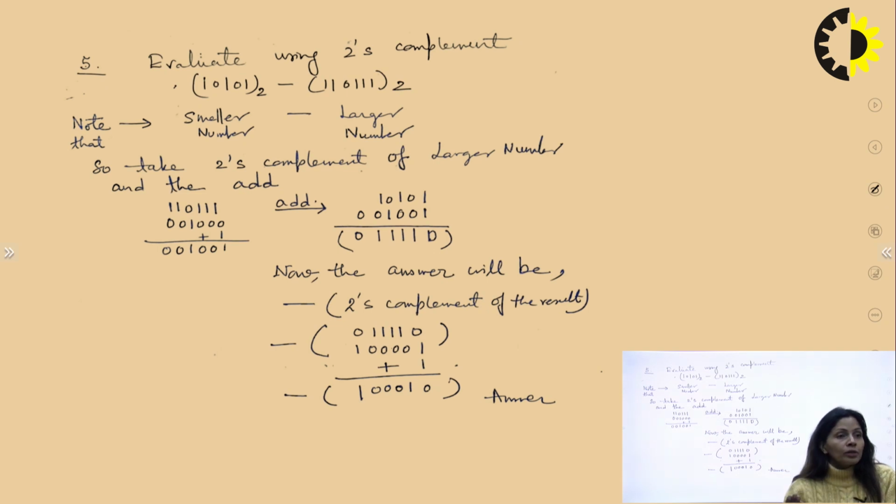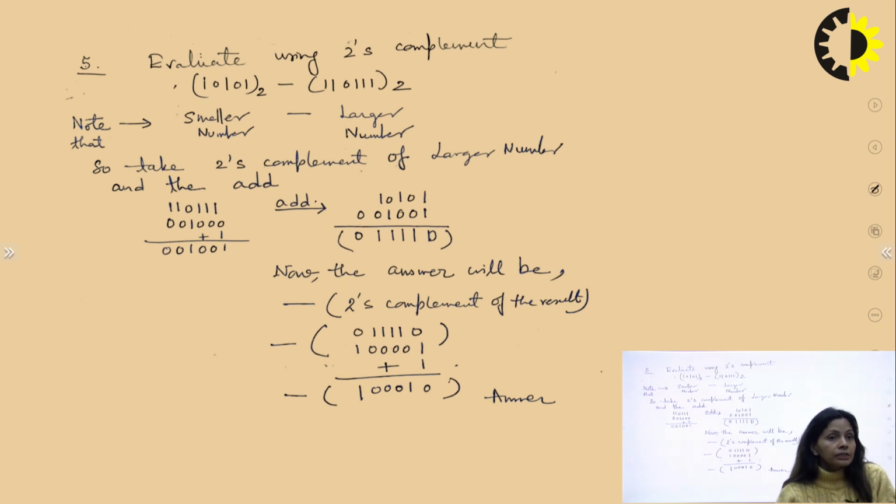In 2's complement, whenever we are answering the question, we will first see which method we are using: subtracting a smaller number from a greater number or a greater number minus a smaller number. So we will first find out the case.